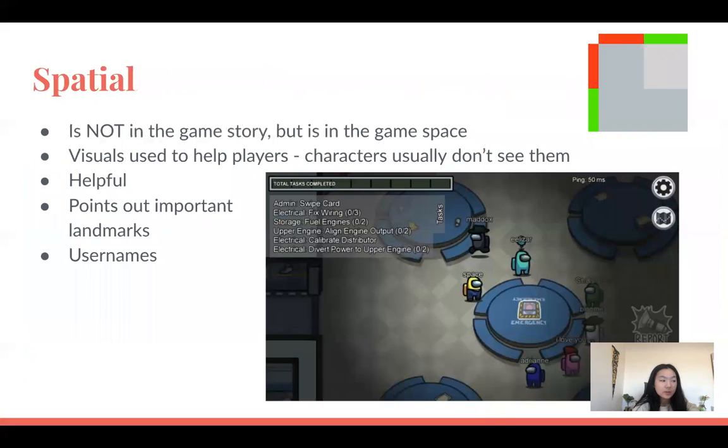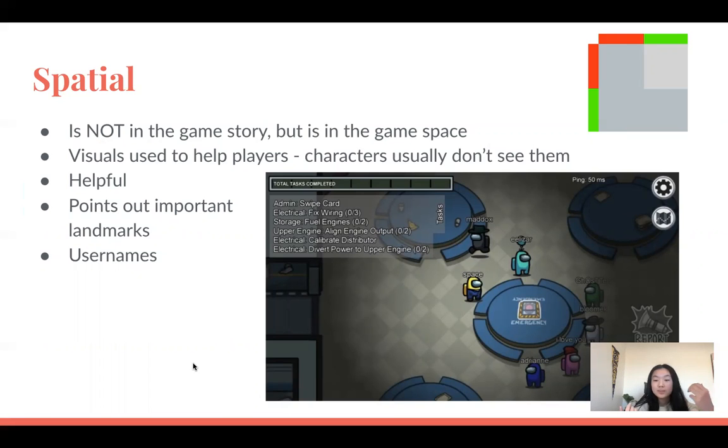The next category, or the quadrant up here on the right, is called spatial. This is where it's not in the game story, but it is in the game space. Spatial components are visuals used to help the players, and characters usually don't see these, but they're very helpful and they point out important landmarks, or it can be things like usernames.